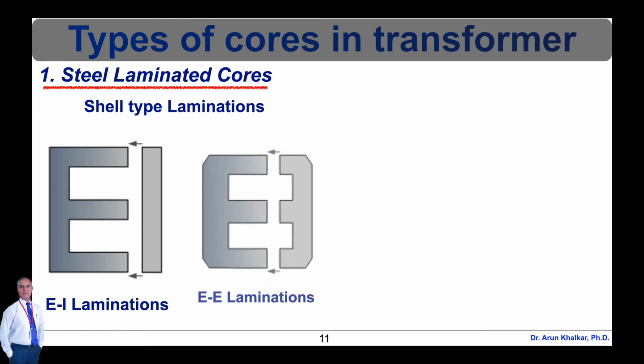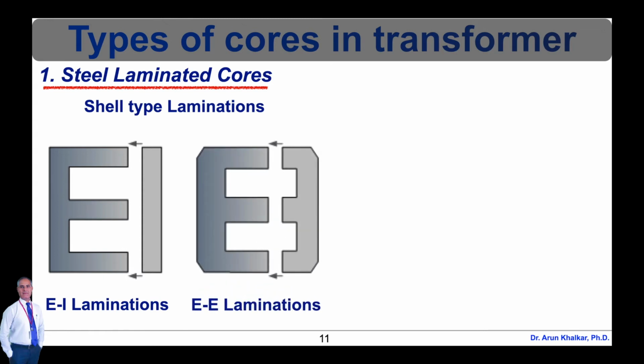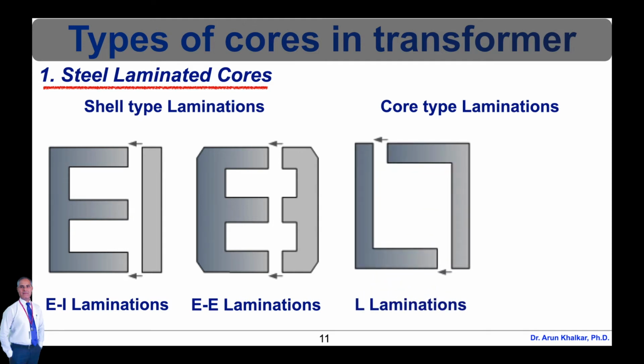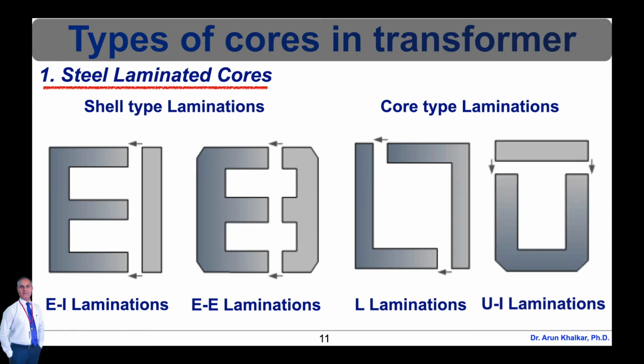In both the shell and core type transformer constructions, in order to mount the coil windings, the individual laminations are stamped or punched out from larger steel sheet and formed into strips of thin steel resembling the letters capital E, capital L, capital U and capital I, as shown in these figures.